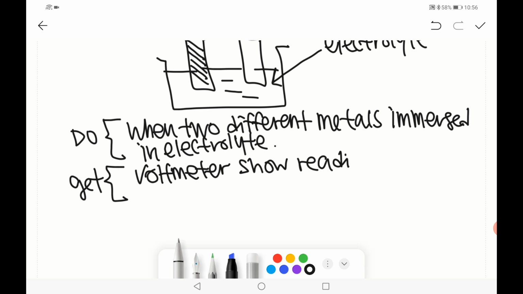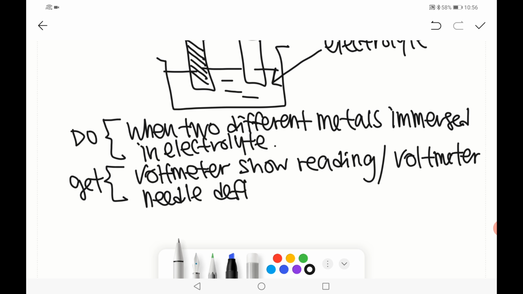Or you can say the needle of the voltmeter deflects, also can. So I take two different metals immersed in electrolyte to produce my voltaic cell. What I will get, the voltmeter deflection, proves to me that it produces electricity, which is what a voltaic cell does.